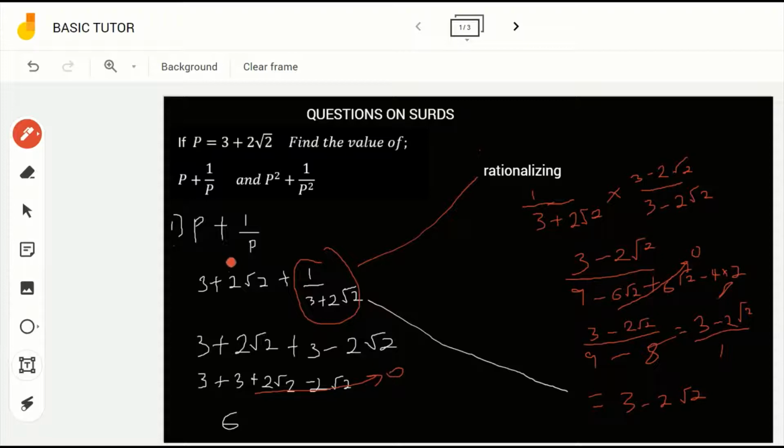So p plus 1 over p is 6. This is our final answer.